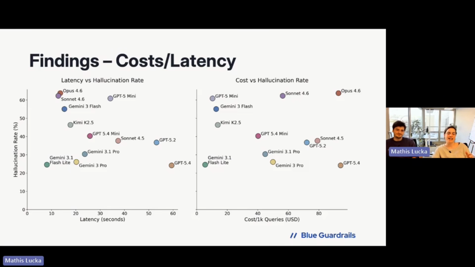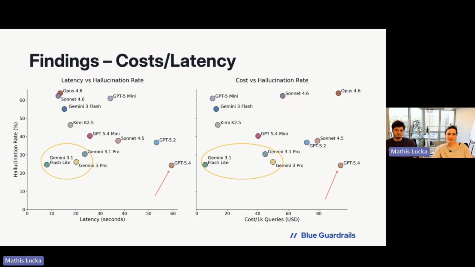You see on the y-axis the hallucination rate, and on the x-axis you see the latency on the left and the cost on the right. And 3 of the Gemini models, you can tell they're pretty low on the hallucination rate, as we just saw, and they're also in an acceptable range of latency and cost.